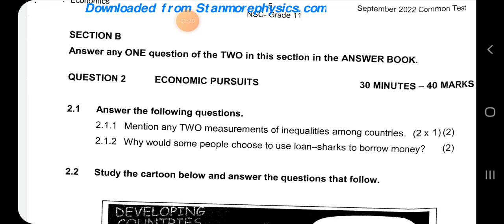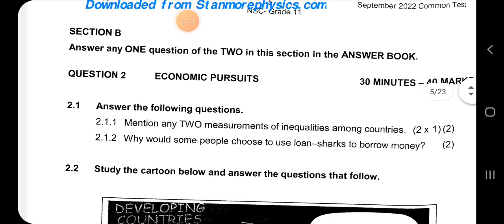So let's say we're taking Botswana and South Africa. What measures or curves do we use to measure the inequality between Botswana and South Africa? So you have to mention two. It's the Lorenz curve and the Gini coefficient. Okay, I'll show you the memo. It's not a problem, but we see if you know your work, right?